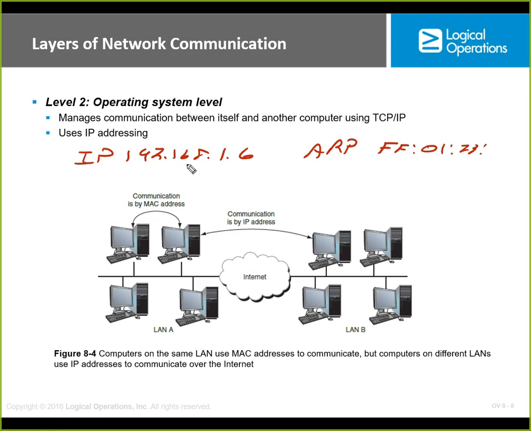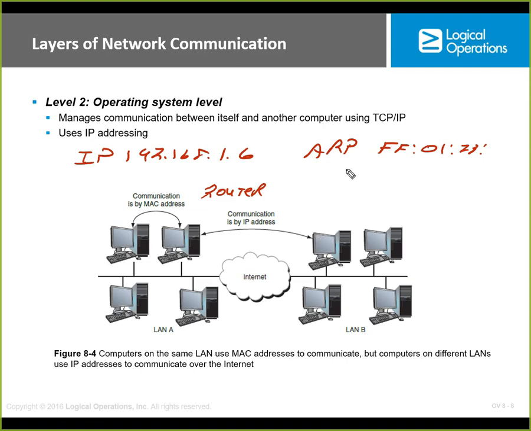Two different addresses. What an IP address does is communication through the internet. Routers send IP addresses across the internet. So we would put our IP address out on the internet, our destination IP address, and it would get over here into this network. But how do I find that IP address?